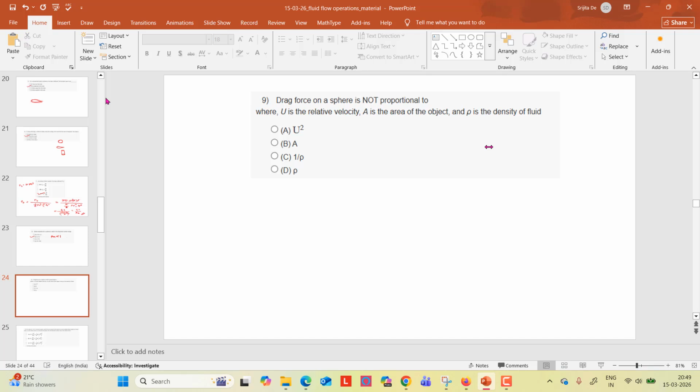Drag force on a sphere is not proportional to: U square, A, 1 by rho, or rho. It is obviously not 1 by rho. It is proportional to rho.